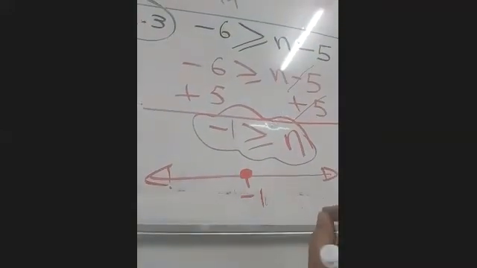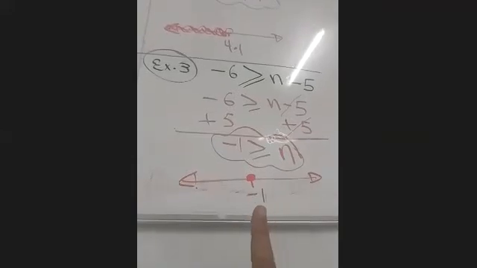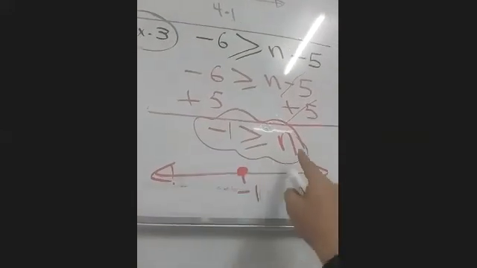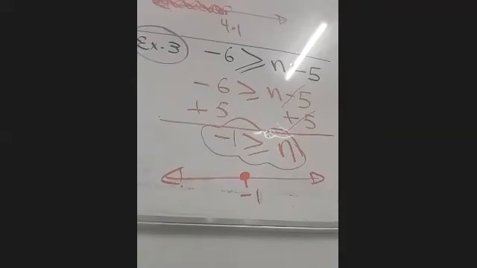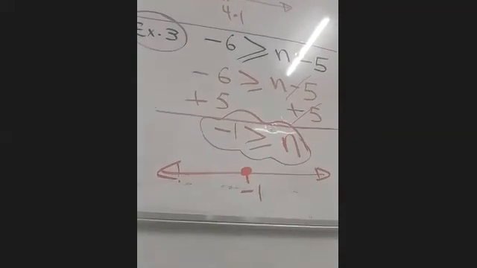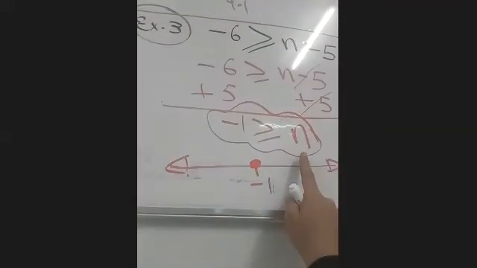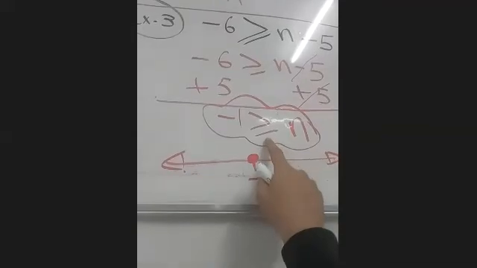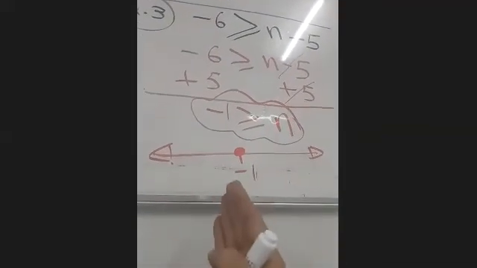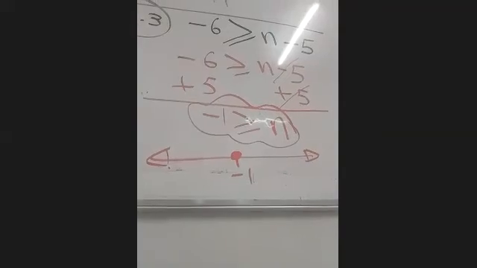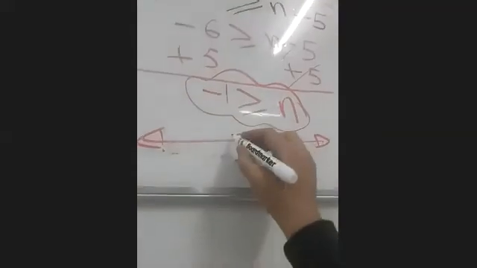Do not read it, guys, and this is important. If you read it as minus 1 more than n, you will graph to the right because you say more than. No. We read it from the variable. n less than or equal negative 1. Now the word less than, we will go to the right or to the left of the number? To the left.